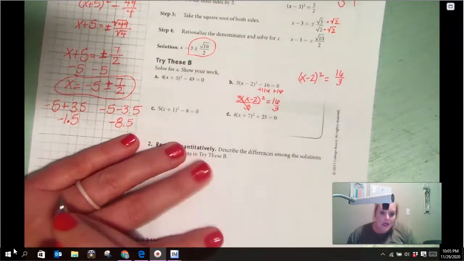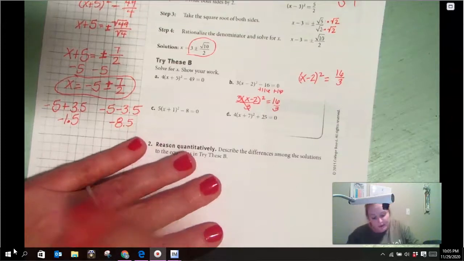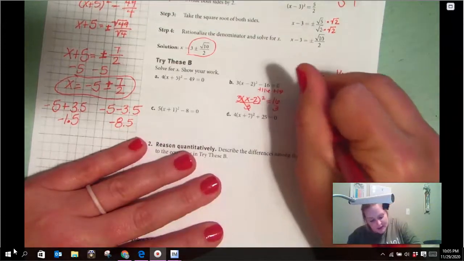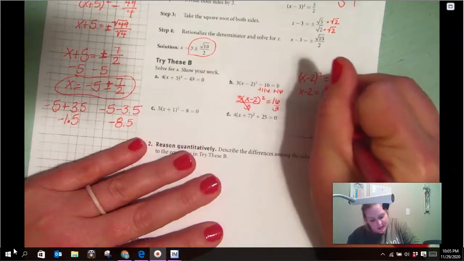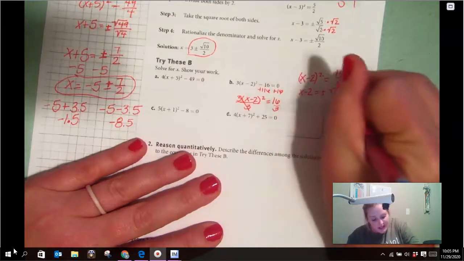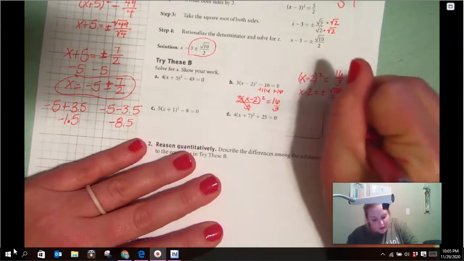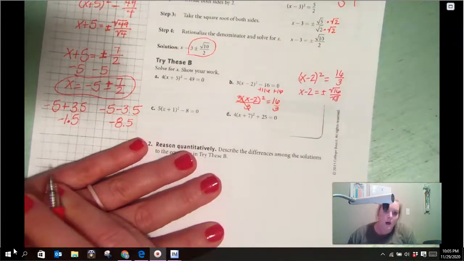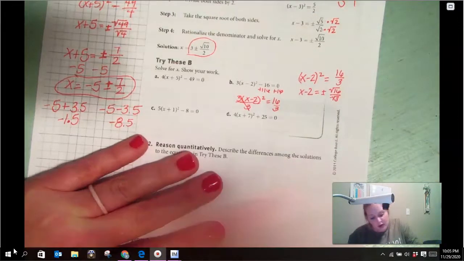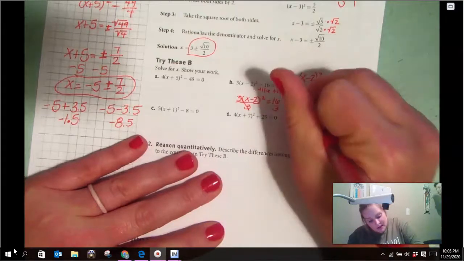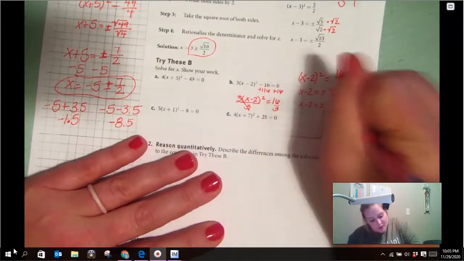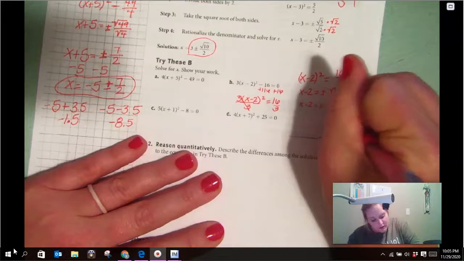Then I need to take the square root of both sides. That's going to leave me with x minus 2 equals plus or minus the square root of 16 over the square root of 3. Okay, 16 is a perfect square, so that's going to be x minus 2 equals plus or minus 4 over the square root of 3.